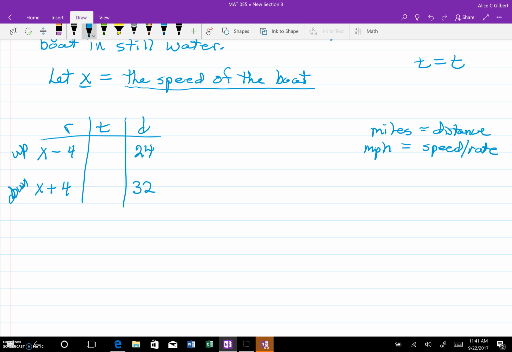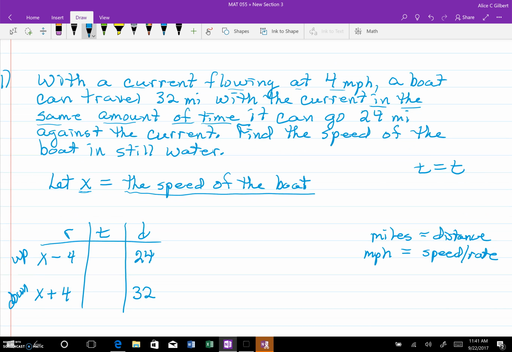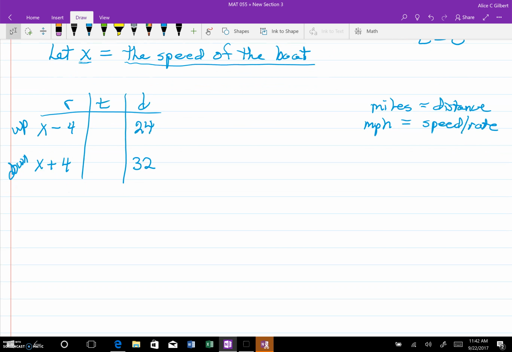Now, I don't have t. There's nothing in here except that it says it's the same amount of time, so I have nothing that tells me what t is. But think about this. If I have r times t equals d, and I wanted to solve for t, how do I get t by itself? To get t by itself, I need to divide by r.